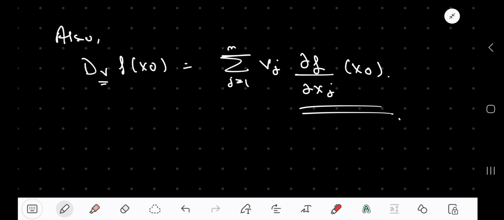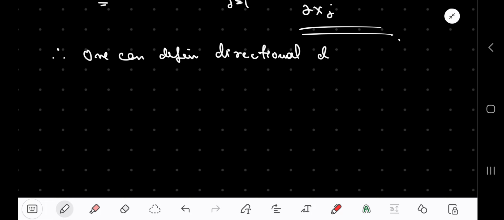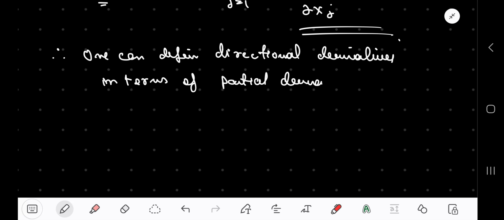Clear. And when is it so? When can it be defined? So let me quote that therefore one can define directional derivatives in terms of partial derivatives, but to define it in terms of partial derivatives we made use of the fact that f prime at x0 is a linear transformation.